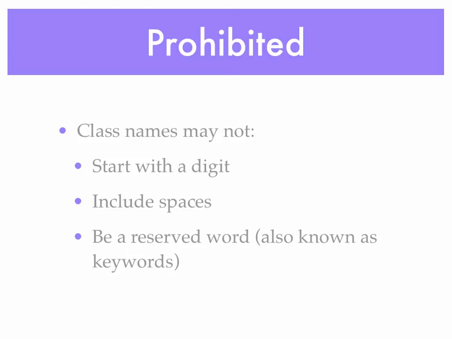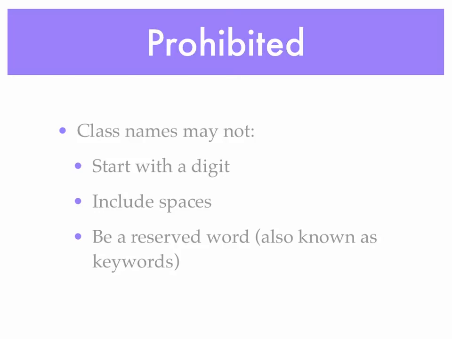Those are also known as keywords. There are words in this language that have special meaning, and you cannot use those words as the name of a class or the name of a variable or a constant. We'll talk about that a little bit later. So class names may not start with a digit, a number, include spaces, or be a reserved word, also known as a keyword.